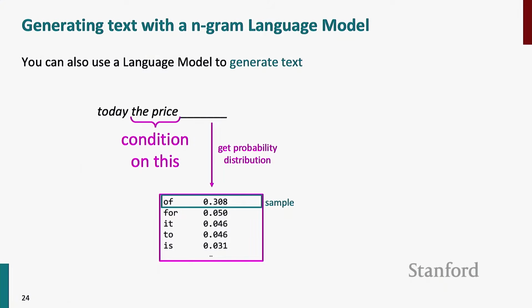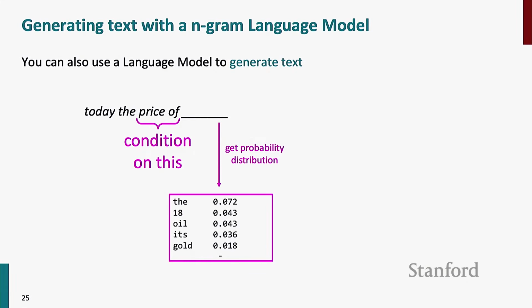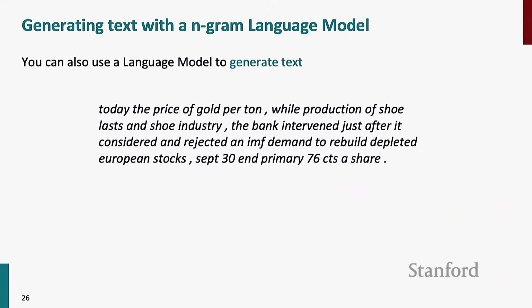Say we generate 0.2, and so we choose "of". We now condition on that, get a probability distribution, generate a random number which is 0.5 or something, and so we get "gold" coming out, and we can say "today the price of gold". And we can keep on doing this and generate some text.